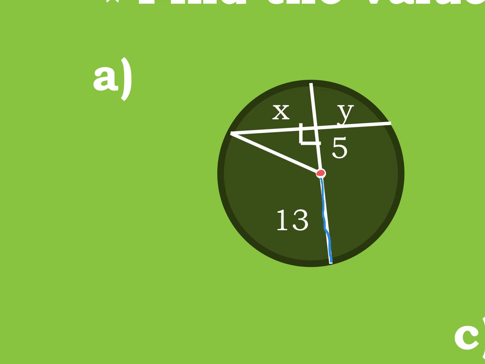Then I've got another radius over here, and this one's also 13. Because remember, no matter where the radius is in the circle, they're always going to be the same measure, and they're all 13. Now, the 5 is for this leg right here.